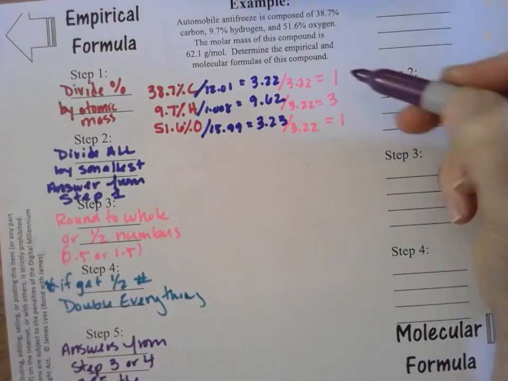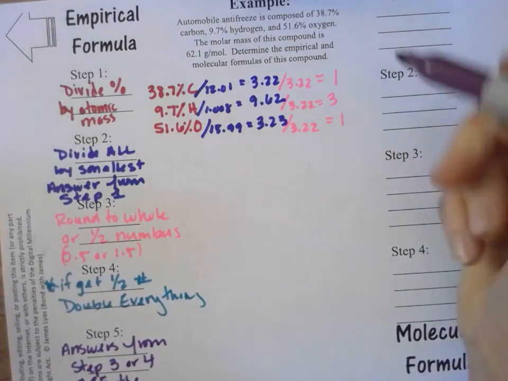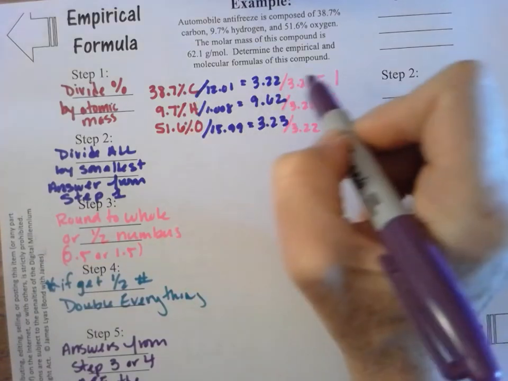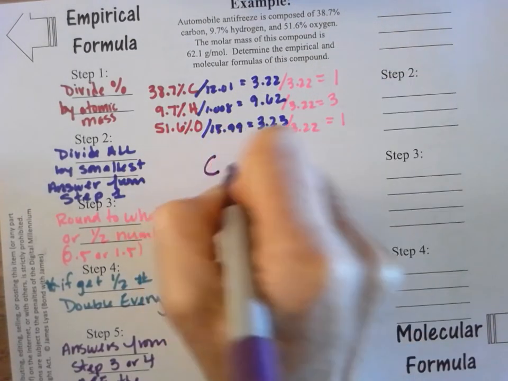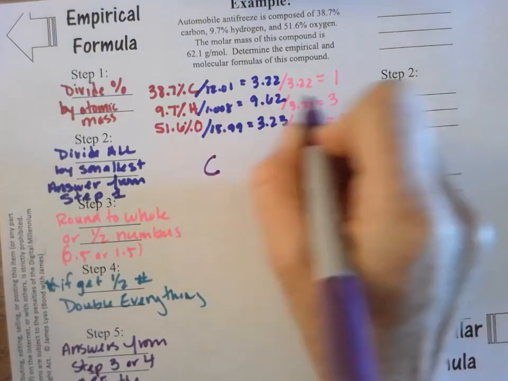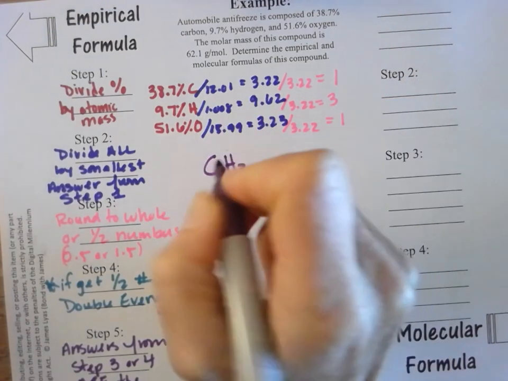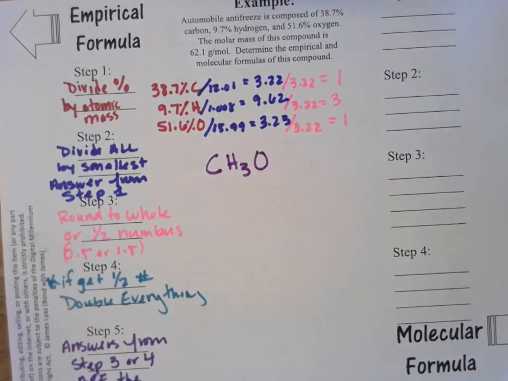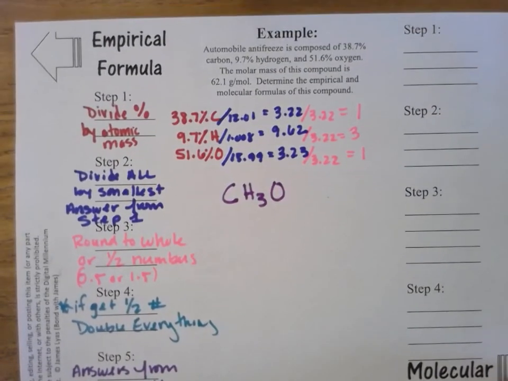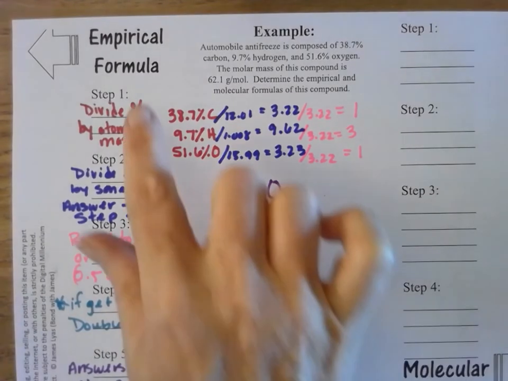These are the subscripts. So if I wrote the element here, C is 1, H is 3, O is 1. Okay. So I just found the empirical formula.